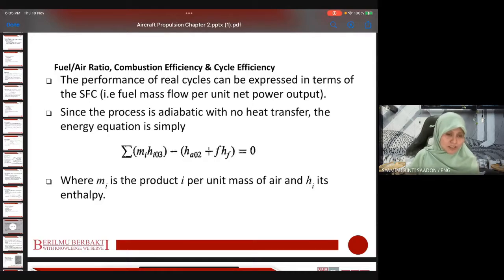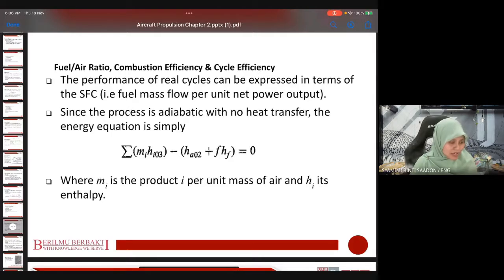TSFC is the thrust specific fuel consumption: the ratio of the fuel mass flow rate, or the fuel to air ratio, over the thrust power produced. But in a gas turbine cycle, it is usually the ratio of the fuel to air ratio to the net work output produced, the fuel mass flow per unit net power output.